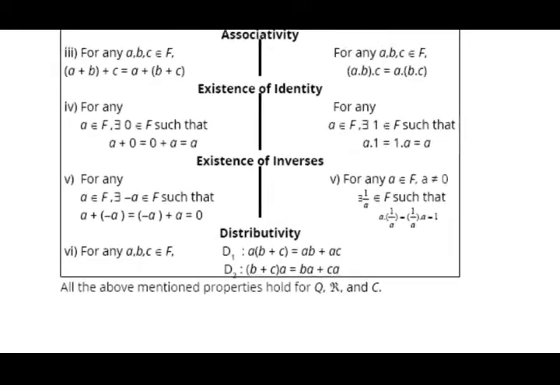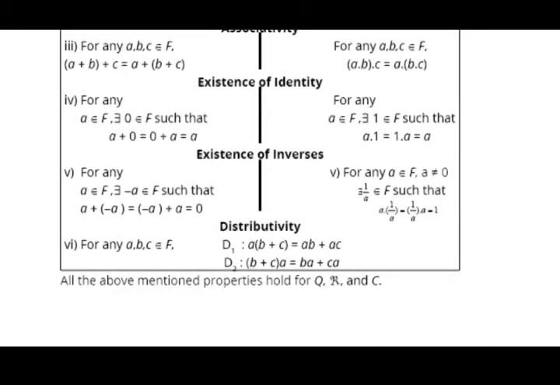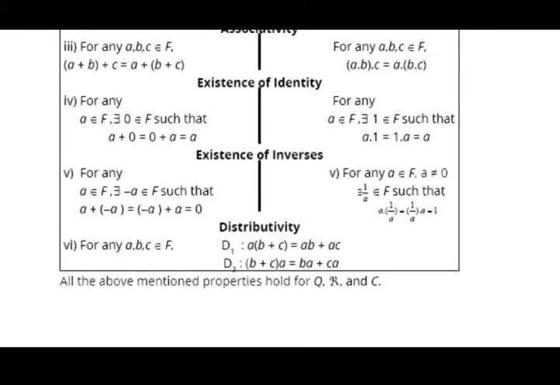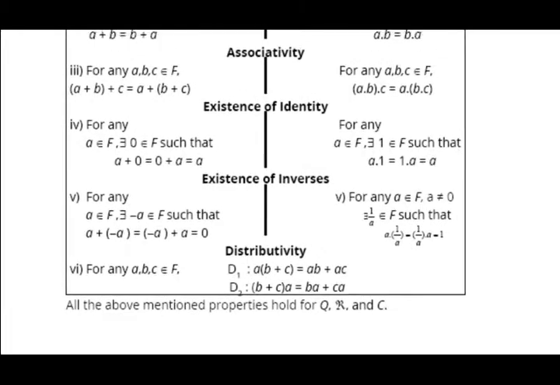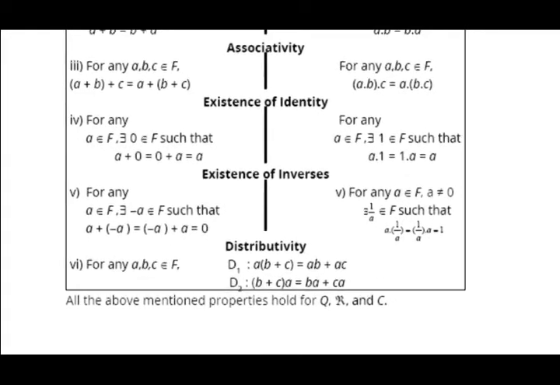And then a new property for this is the distributive property. A set in which all these properties hold is called a field.